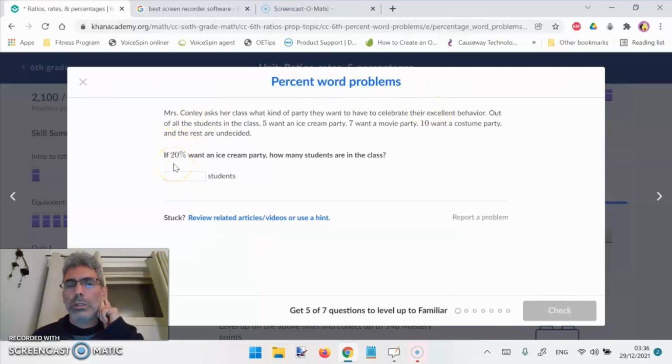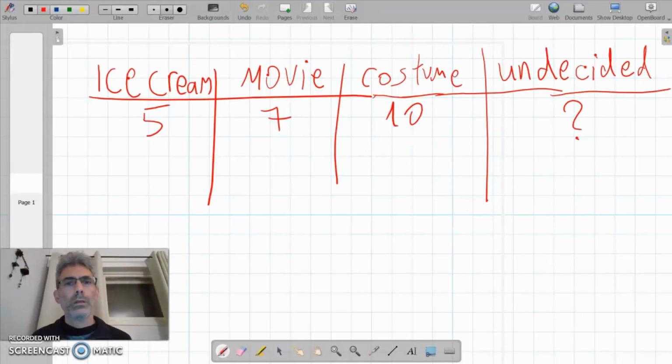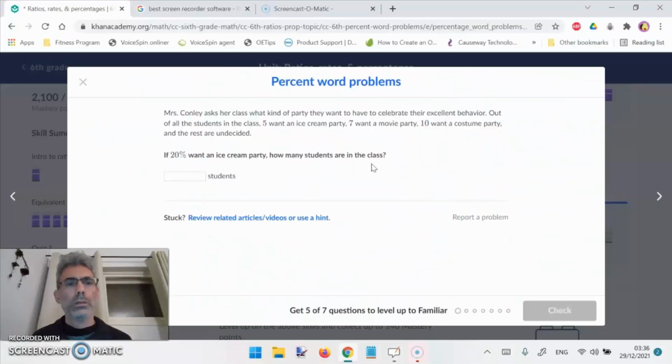If 20% want an ice cream party, how many students are in the class? 20% want an ice cream party.